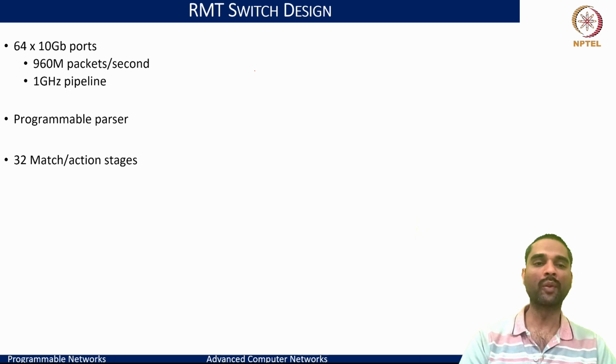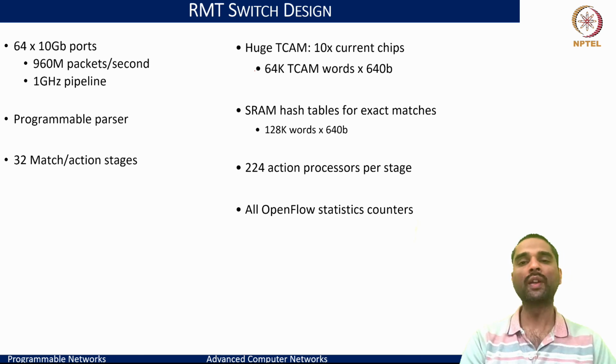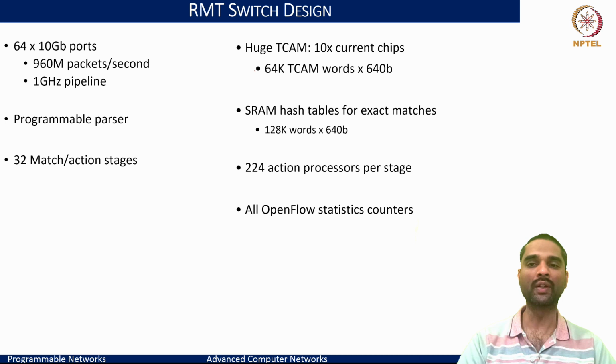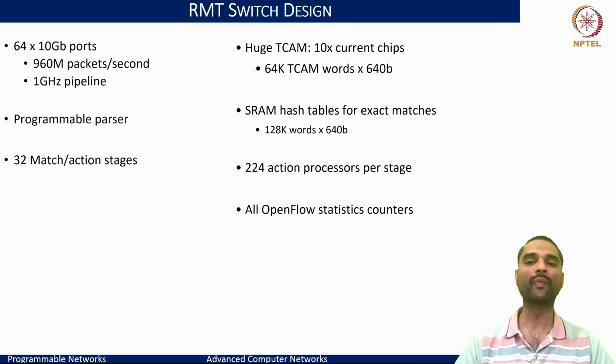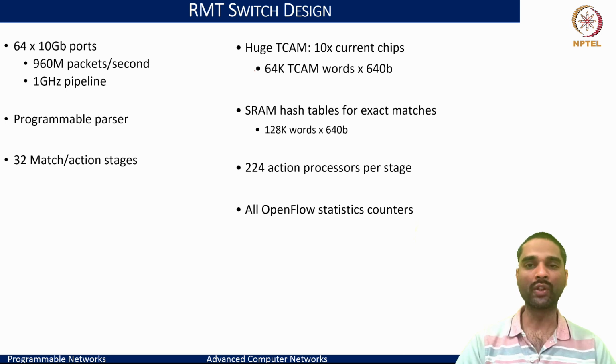And this programmable parser with 32 match action stages had the major cost coming in terms of a huge TCAM, which is 64K TCAM words of 640 bits each, almost 10 times what you typically see as 2K or 4K TCAM words accommodated in custom ASICs.